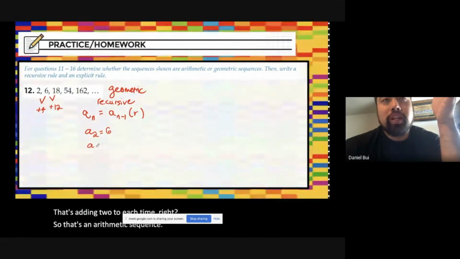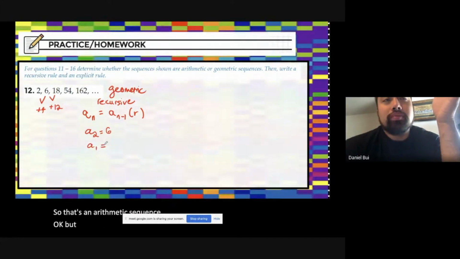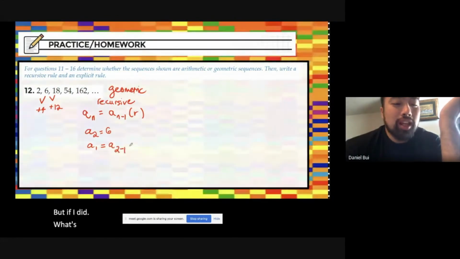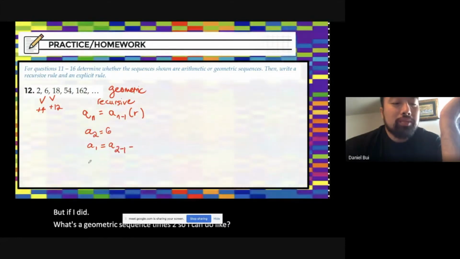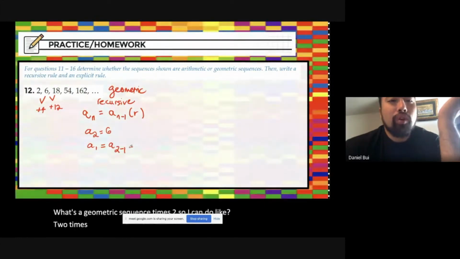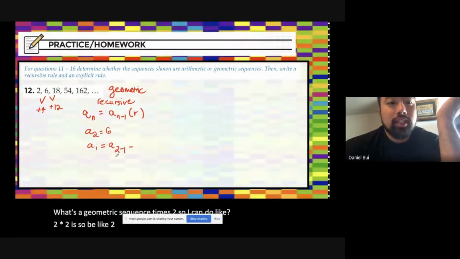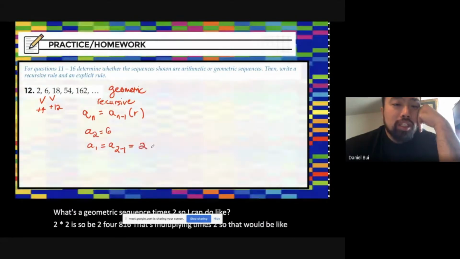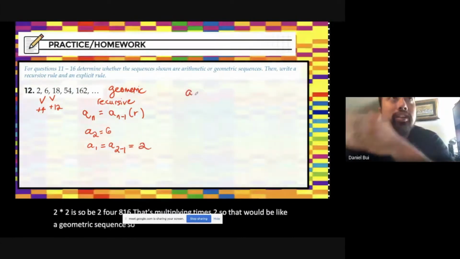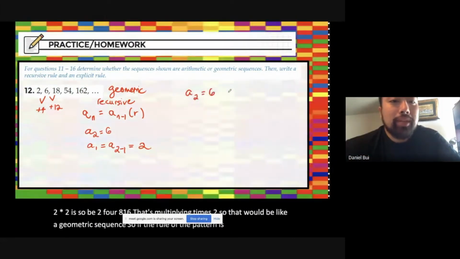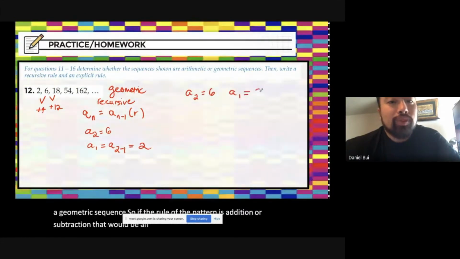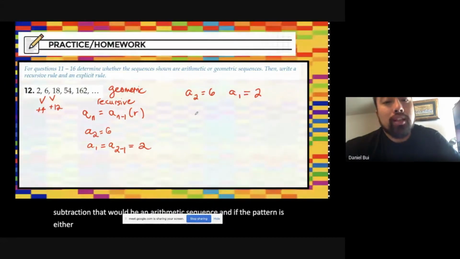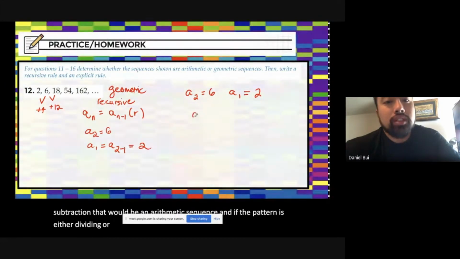What's a geometric sequence? Times 2. So I can do 2 times 2, so it would be 2, 4, 8, 16. That's multiplying times 2, so that would be a geometric sequence. So if the rule of the pattern is addition or subtraction, that'd be an arithmetic sequence. And if the pattern is either dividing or multiplying, it is a geometric sequence.